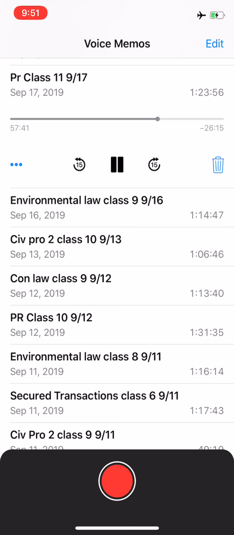This is the joint representation discussion. Anything else? Yes. At some point, if their interests diverge, they may have to get independent counsel. Yeah. That's good.